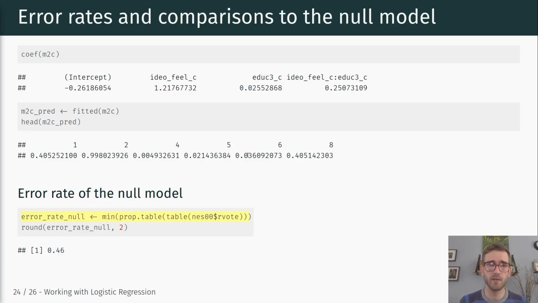It turns out if you have a dichotomous outcome measure where you have a proportion of zeros and a proportion of ones, the best prediction that you can make without estimating any model is to predict the modal category for each of those observations. So you have a set of 1,000 observations. You know that of those 1,000 observations, maybe 60% are ones and 40% are zeros.